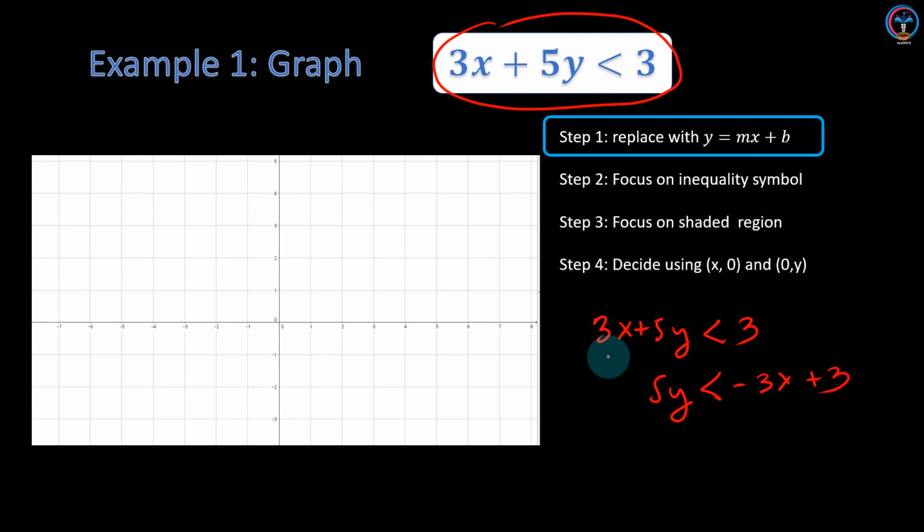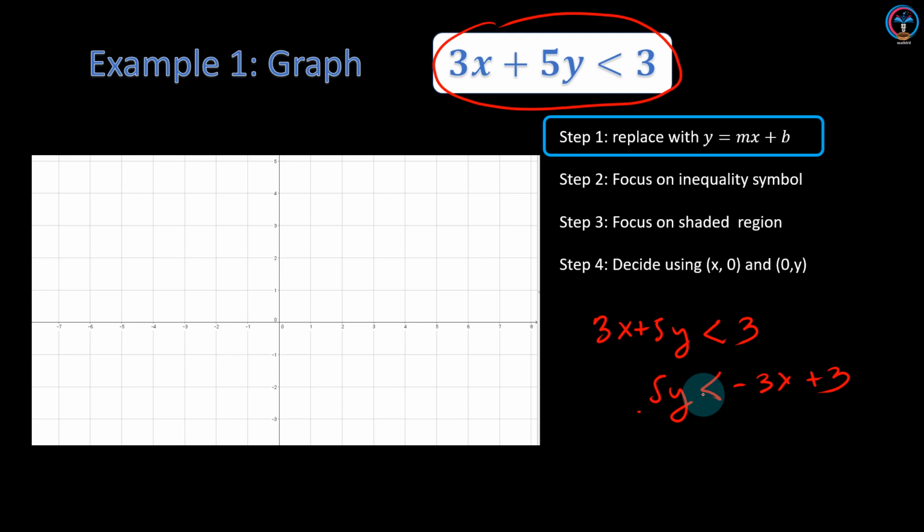Basically, 3x will be transferred to the other side of the inequality, using the addition property of inequality, the additive inverse of 3x, which is negative 3x.